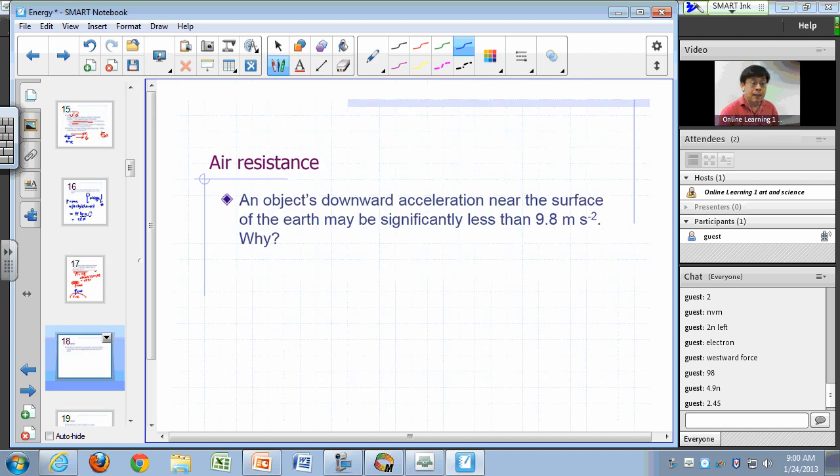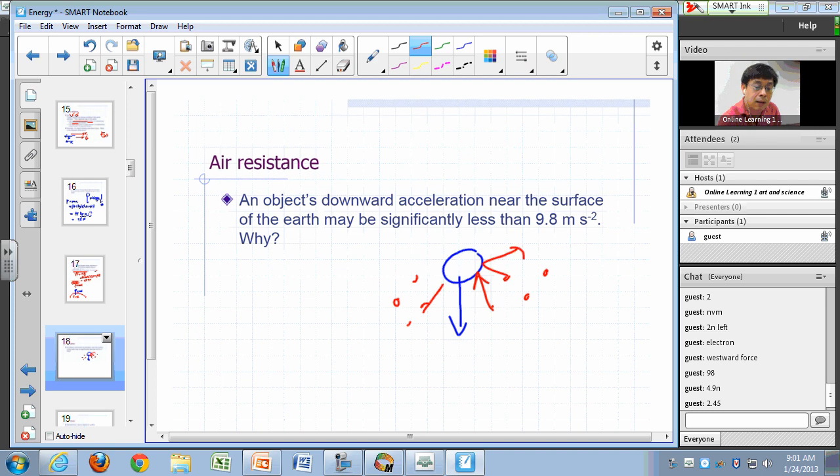All right. Now, of course, when you observe things falling, they're not all going to be accelerating at 9.8 meters per second squared. And the reason for that has to do with the fact that they're falling through air. And that's the evidence that we have that there are molecules in air. So these molecules will collide with an object that's falling.